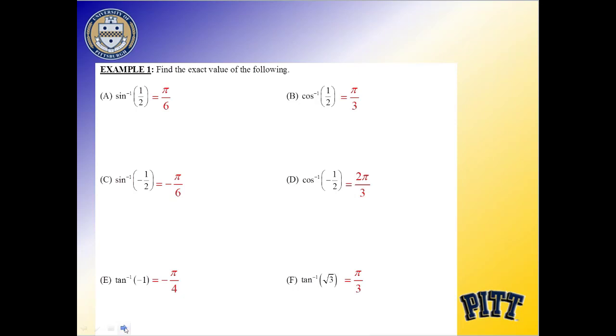But again, 4 pi over 3 would not fall in the range between negative pi over 2 and pi over 2. So you have to make sure that you are meeting the requirements of the range restrictions. They're in the notes, so make sure that you take special note of them, because that's what you're going to have to use to decide. And you also have to keep that in mind as you solve equations as we go forward with this.